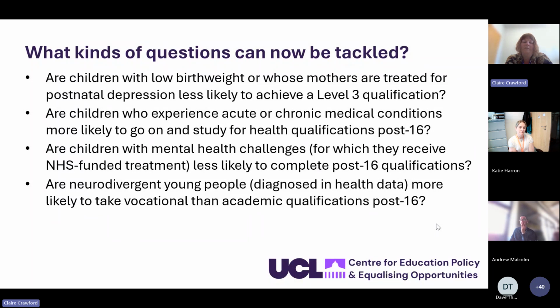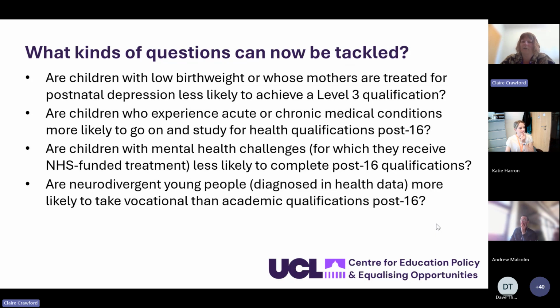Similarly, you might be interested in children who've experienced particular health circumstances. Maybe they've had an acute health crisis, or they've got a chronic medical condition, and you want to understand whether those experiences might have affected their choices about what they end up studying themselves.